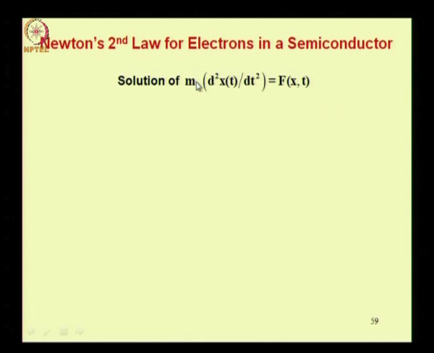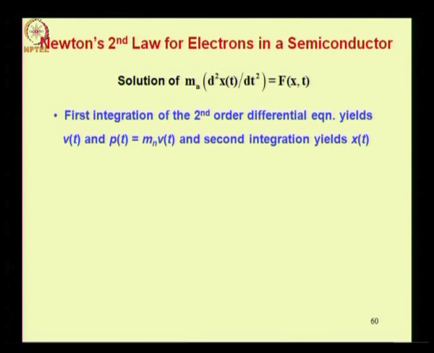So now our equation has changed, m0 has been replaced by mn. Let us discuss how we solve an equation like this. The first integration of this equation gives you the velocity at any instant of time and the momentum, which is nothing but the effective mass into the velocity, and the second integration yields you the position x of t.